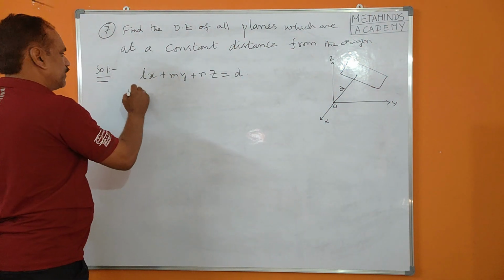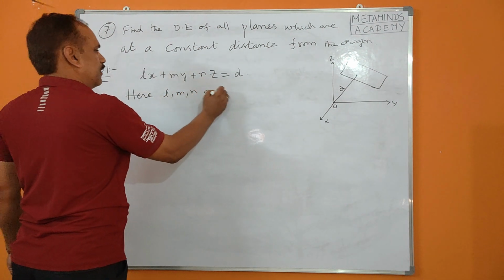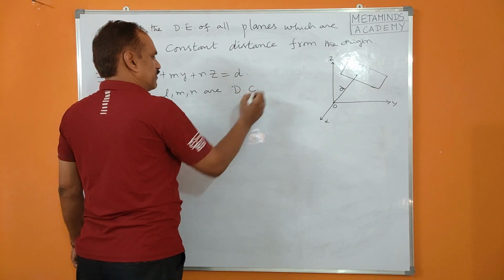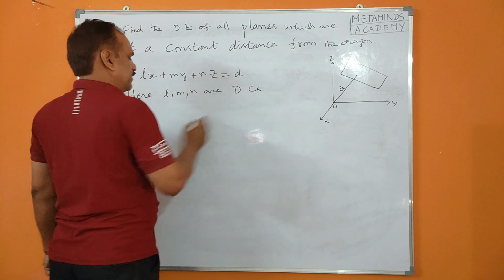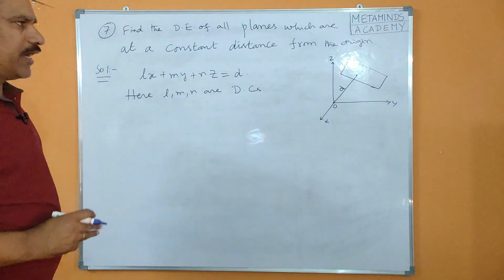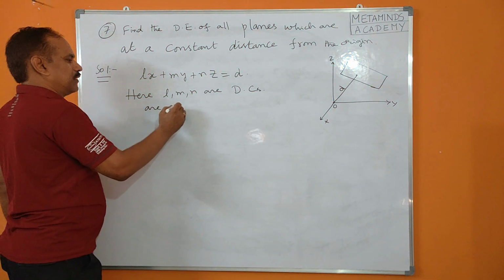Here, L, M, N are actually direction cosines of each plane, and they are the arbitrary constants here.